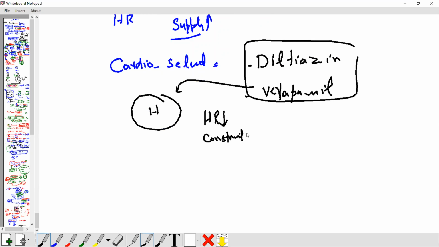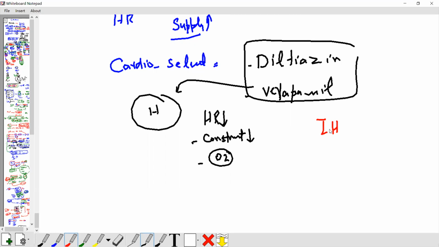Contraction depends upon calcium; if no calcium, the force of contraction decreases. So what about oxygen demand? It also decreases. So diltiazem and verapamil can be used for angina, but in an angina patient we also need vasodilation, and the preferable drugs are vasoselective.